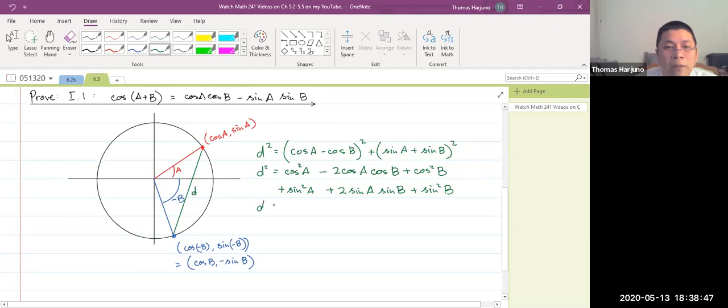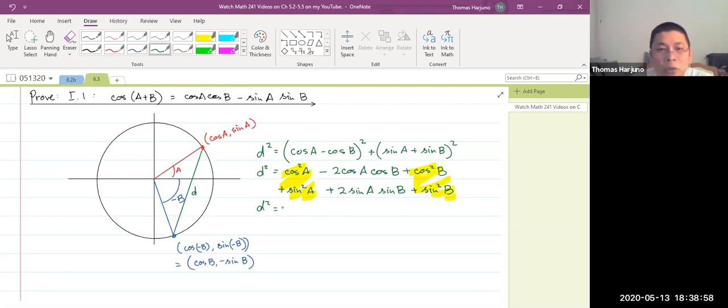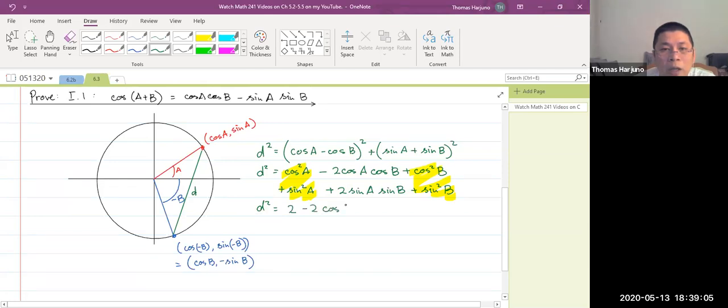If I simplify, notice that this gives me 1, and this gives me another 1. So D squared now becomes 2 minus 2 cosine A cosine B plus 2 sine A sine B. That's the D squared.